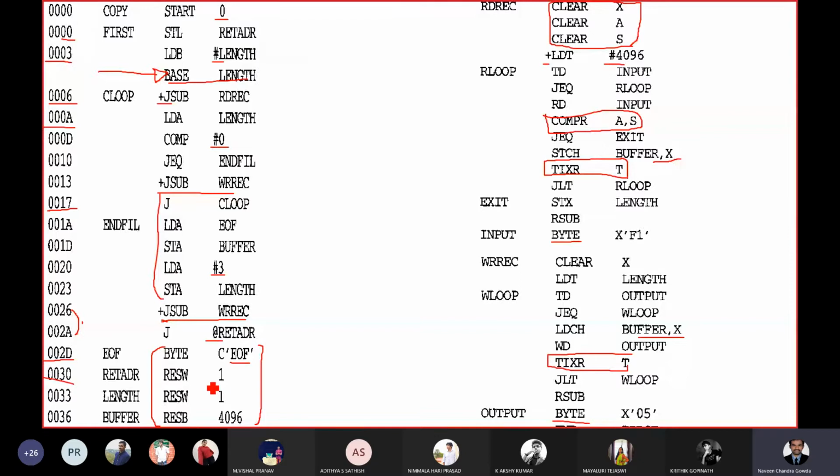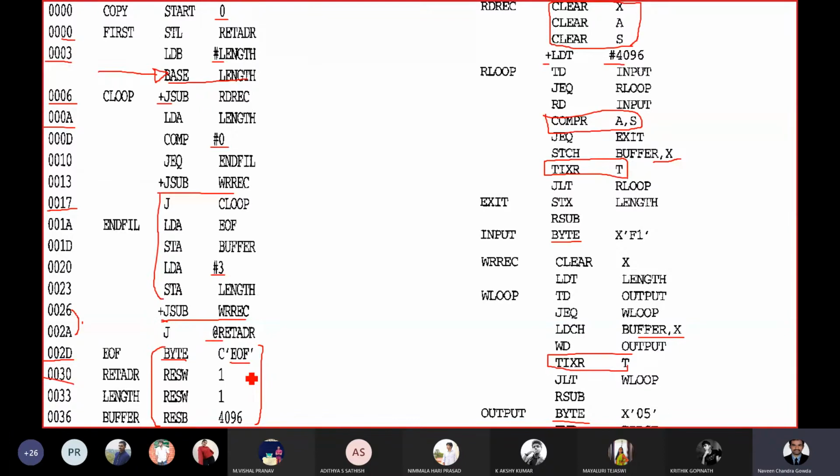Here there are only three characters, which is EOF. Suppose you take an example like Bengaluru, if instead of EOF it has Bengaluru, BANGALORE, which has a total of 9 characters. In such a case you will have to allocate 9 bytes.